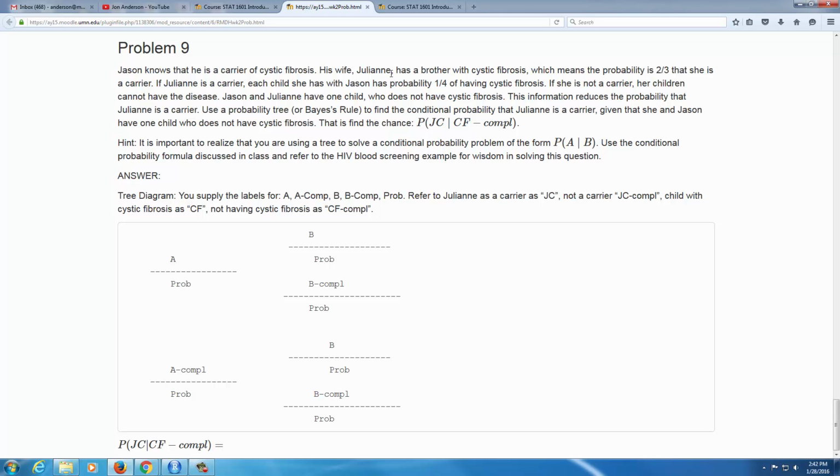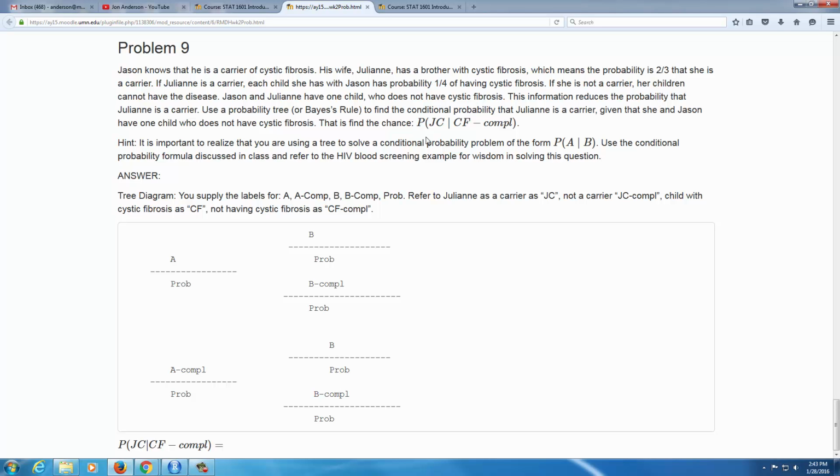His partner, Julianne, has a brother with cystic fibrosis, which means that there's a chance of 2/3 that she's also a carrier. We go through the conditional probability information about whether she can have a child with cystic fibrosis, given that she's a carrier, and so forth.